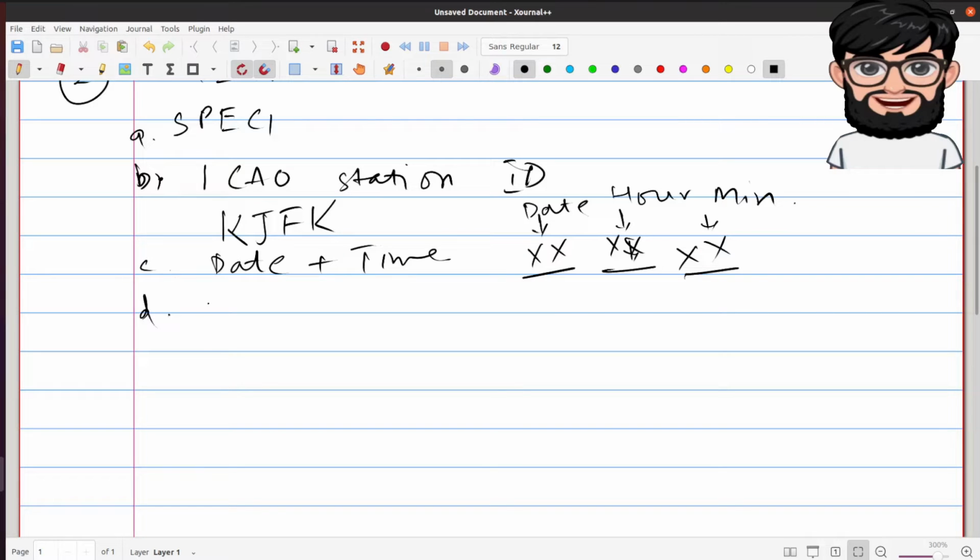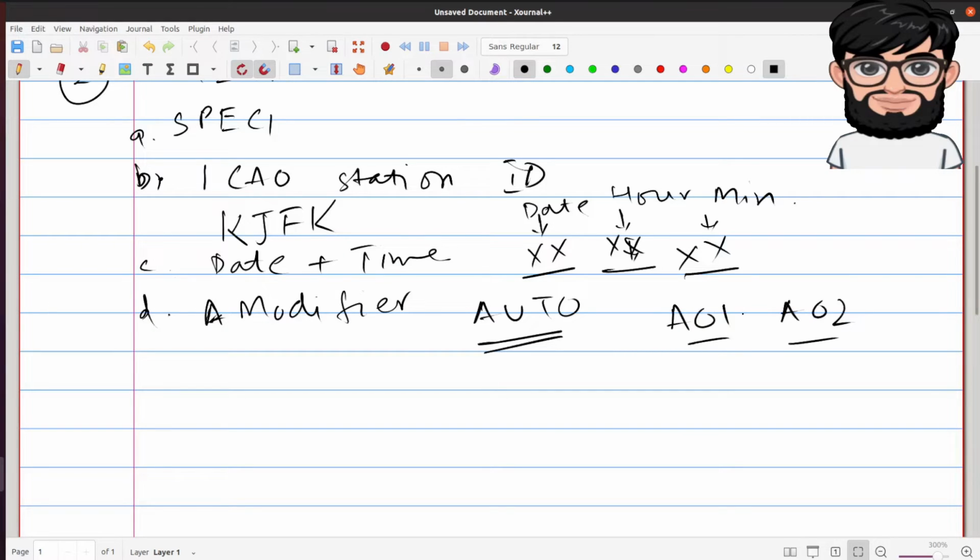So if you see this keyword AUTO, meaning it was automatically generated, in the body of the report you will also find AO1 or AO2, telling you what kind of sensor they used to generate this METAR.